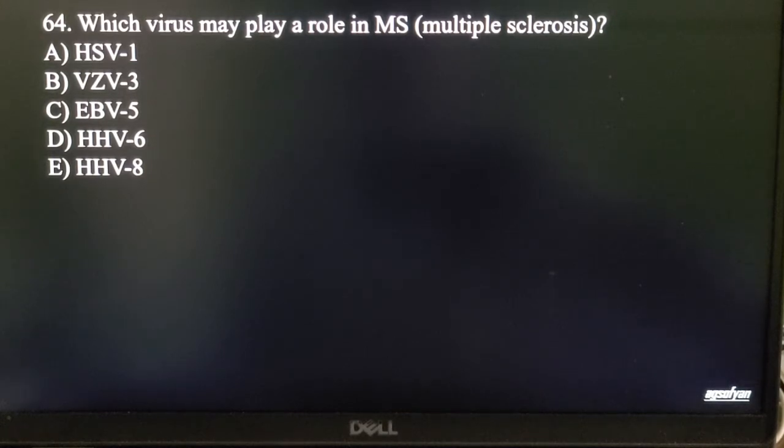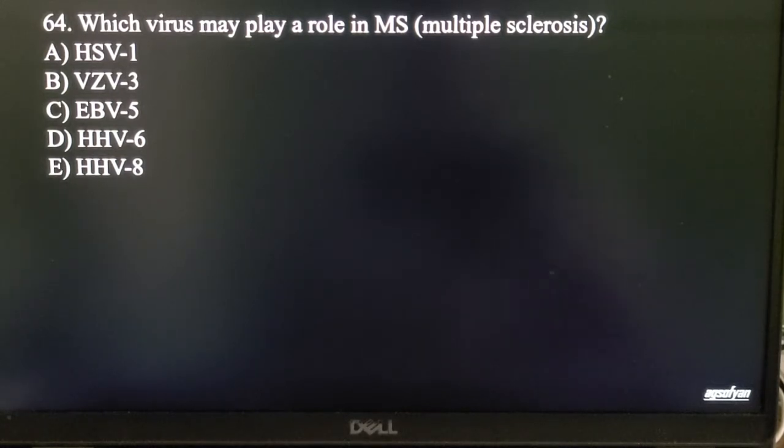64. Which virus may play a role in MS, multiple sclerosis? HSV1, VZV3, EBV5, HHV6, HHV8. So you have to learn about the human herpes viruses over here. There are 8 types of them.